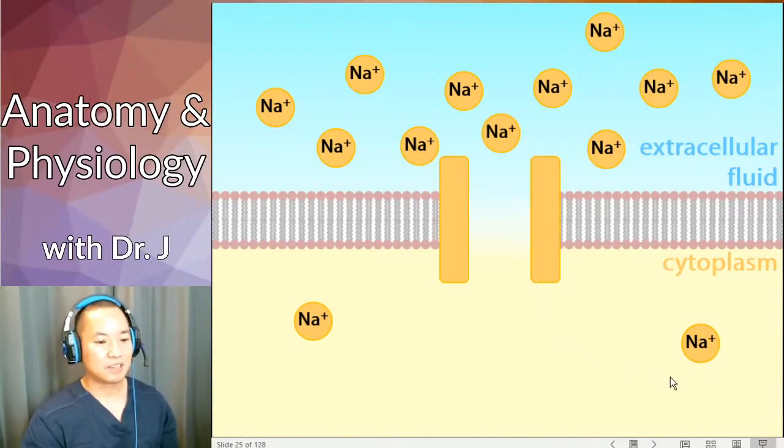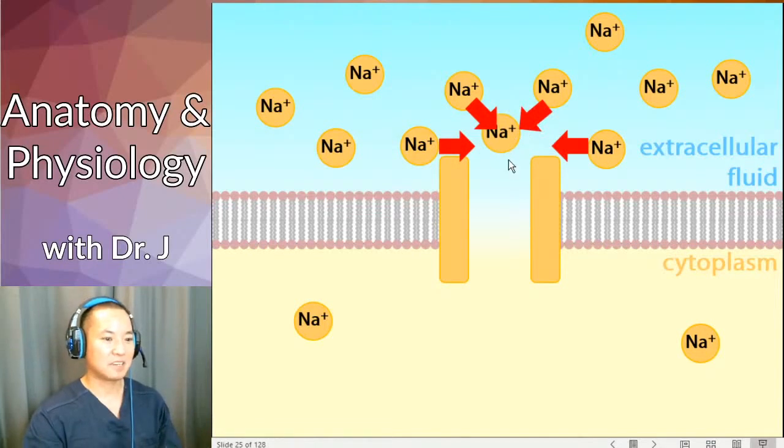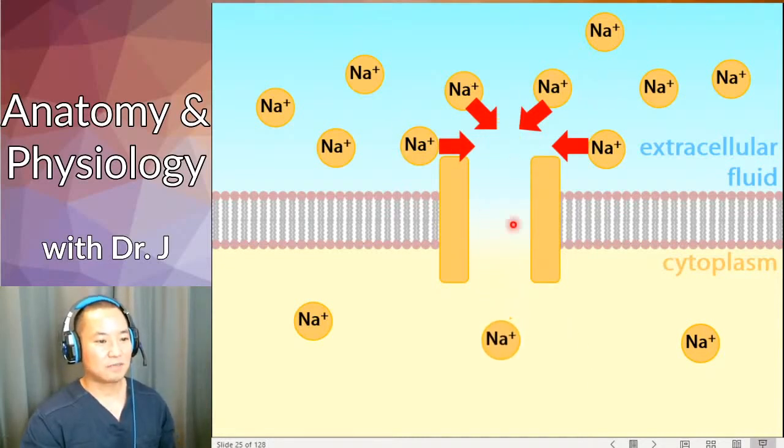So if a sodium ion tries to move this way through some random motion, all the sodium ions over here are going to repel the one trying to join them in the extracellular fluid. This is why it's easier for sodium ions to move where there's relatively less sodium pushing back, versus this way where you already have a lot of sodium ions in the extracellular fluid pushing back any sodium ions that try to go the opposite way.